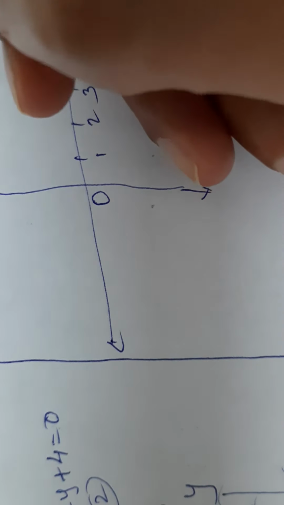That will be the solution, and it will be 3, 7. The point of intersection is 3, 7.